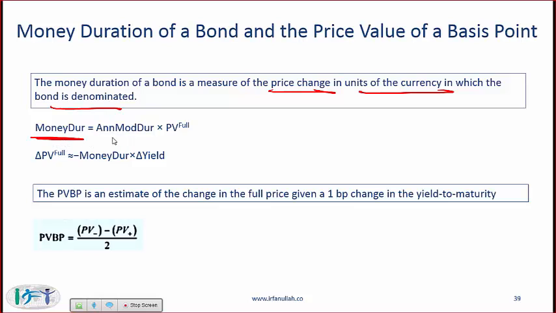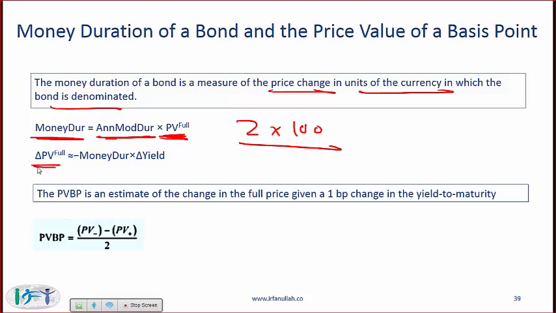Money duration is equal to annualized modified duration times the full price. If you are given the Macaulay duration, then you will have to convert that Macaulay duration into the annual modified duration, and that's done in several examples in the curriculum. So if the value of a bond is 100 and annual modified duration is 2, then the money duration will be 200.